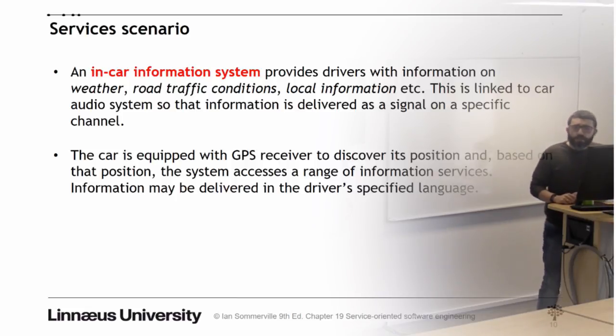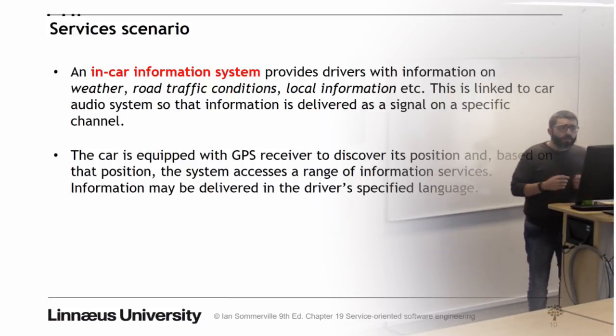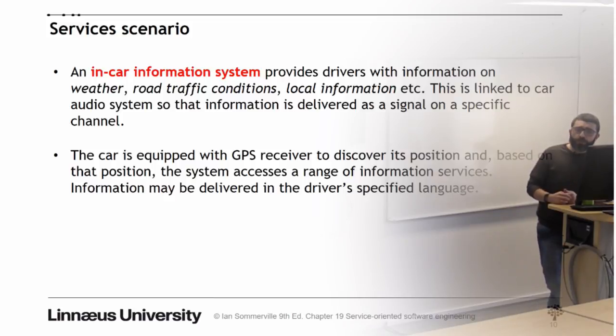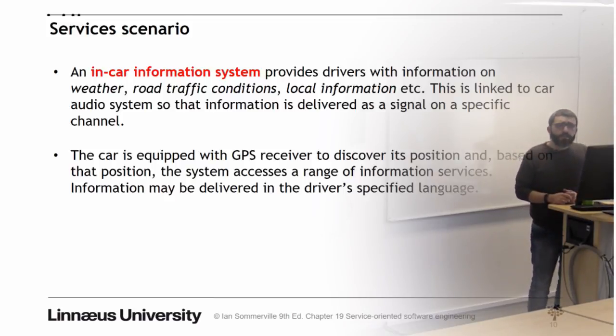The car system, and this is very important, is also equipped with a GPS receiver that allows you to know the position of the car. And based on that position, the system can access a range of different information services. Okay? And another important functionality is that this information may be delivered to the driver in different languages.